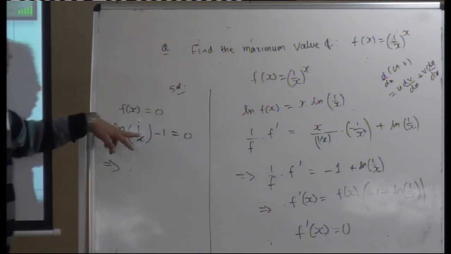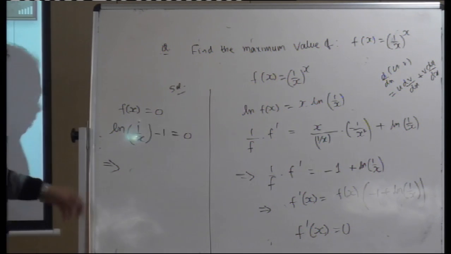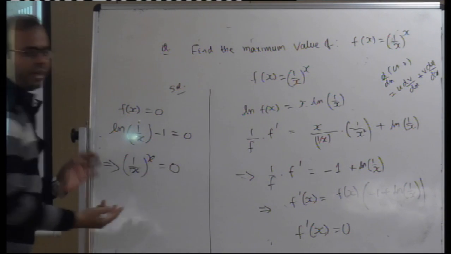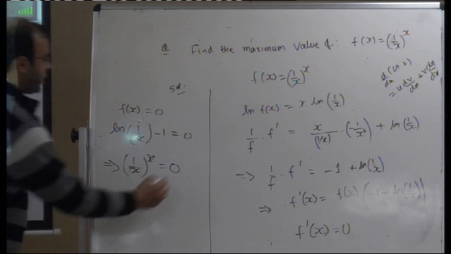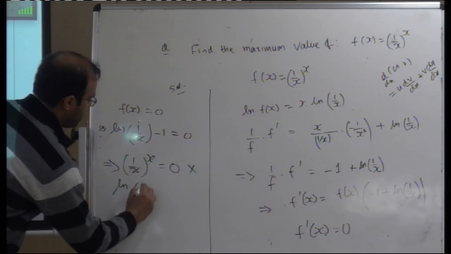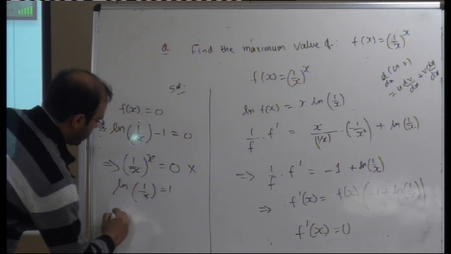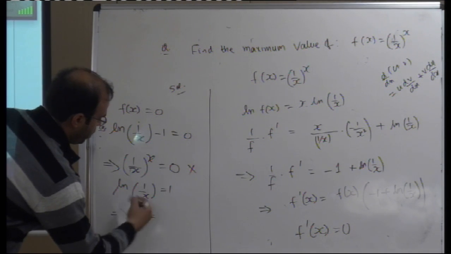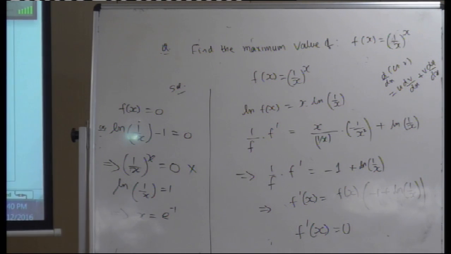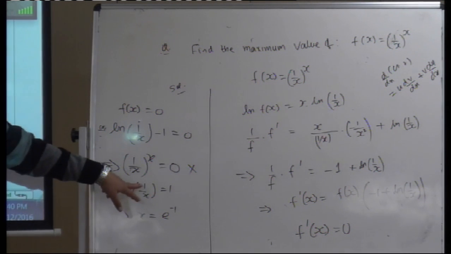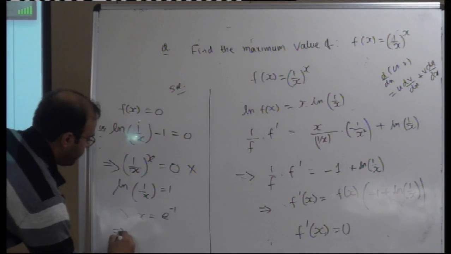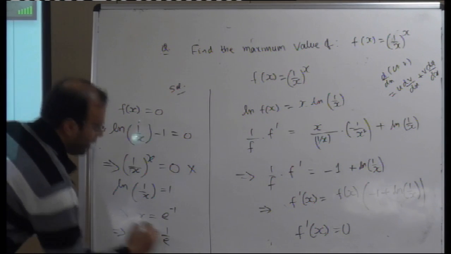Now f(x) equal to 0 means (1/x)^x equal to 0, which is not possible, as an exponential function cannot be equal to 0. So this case we cannot take. We have to take ln of 1 by x equal to 1, which implies x equal to e to the power minus 1. That is, x would be basically 1 by e.